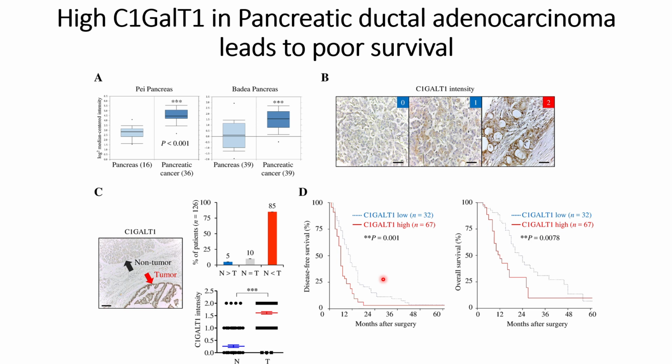In panel D, the first figure shows the disease-free survival, which means that pancreatic cancer does not recur in them. In the second, the overall survival rate results are also similar to the disease-free survival.